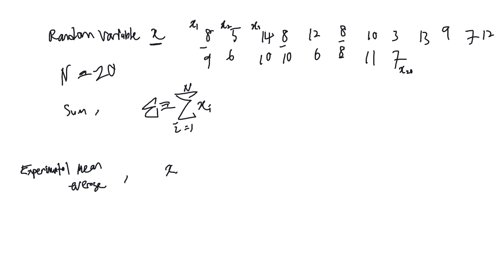To note that this is the experimental mean, we put a subscript e with a bar on the top. It is the sum divided by the total number of variables. So that is the experimental mean.